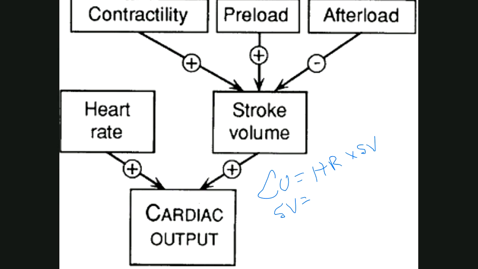EDV minus ESV. That's right. So by substitution, we can put this in here. And so our real and true equation for cardiac output is heart rate times EDV minus ESV.